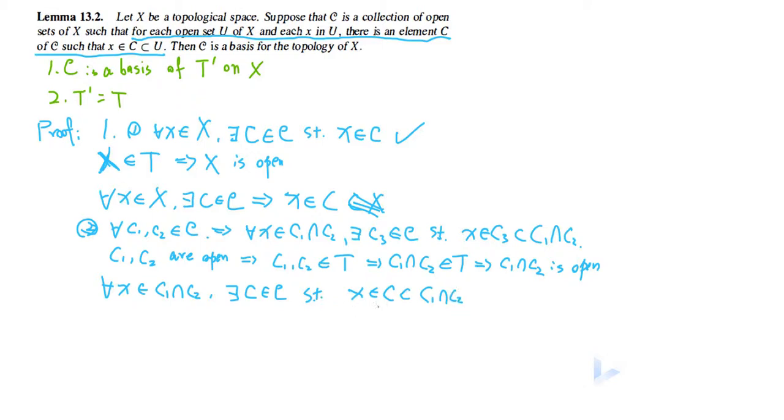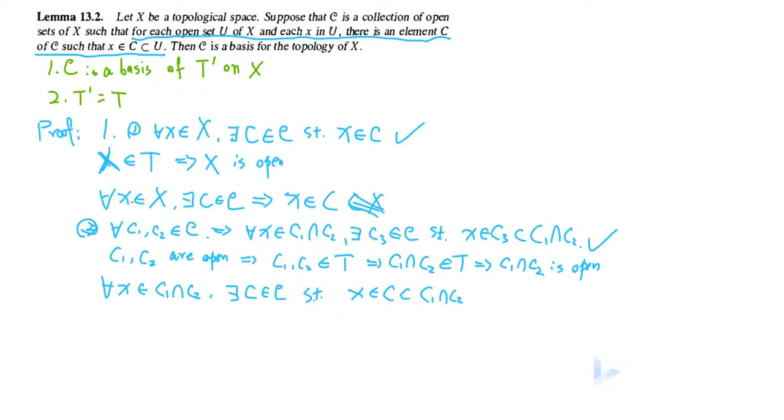Okay, so we can see this result is the same as we want here, right? We just need to replace the C with C3, then we get the second property of the basis. So the collection C also satisfies the second property of the basis.